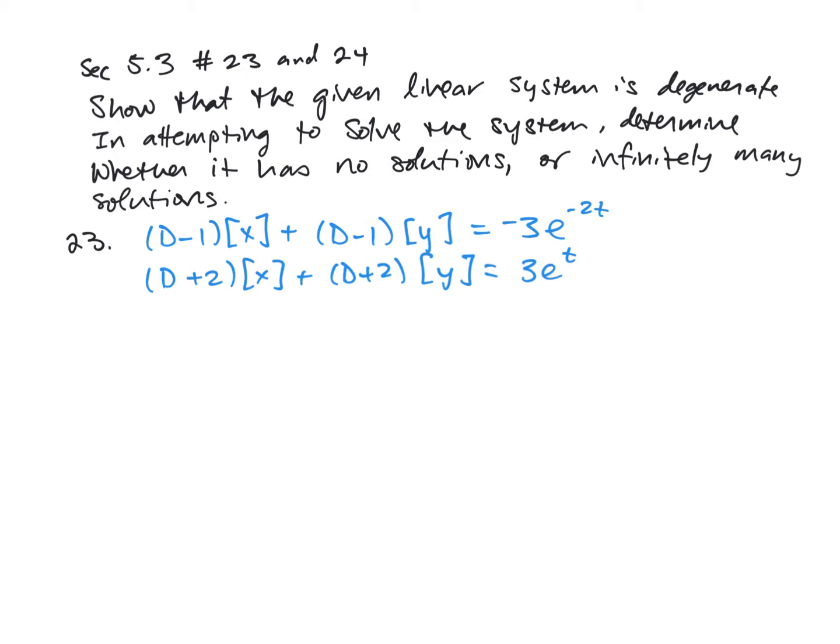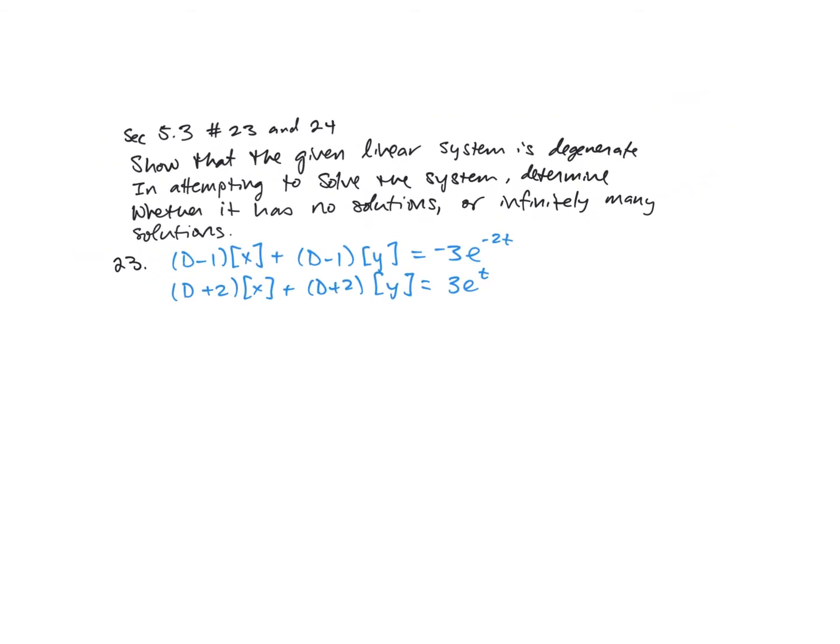That may be a concept that you have seen. If you haven't heard the word, you've certainly seen the concept when you've been talking about algebraic systems in the past, where you've got two equations and two unknowns, but they might not have any solutions, or they might have infinitely many solutions.